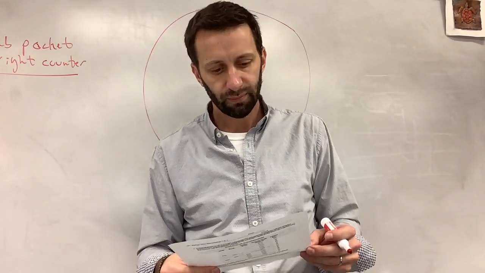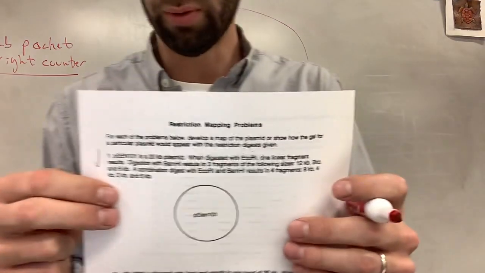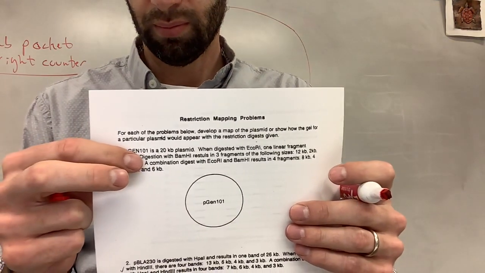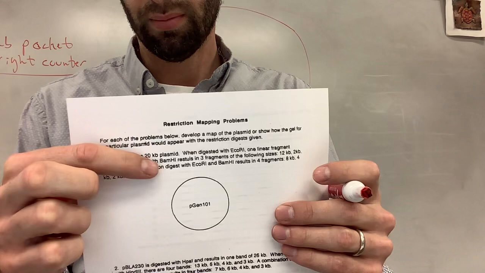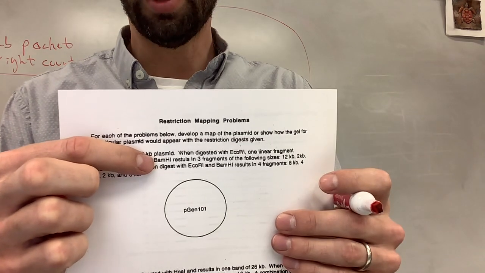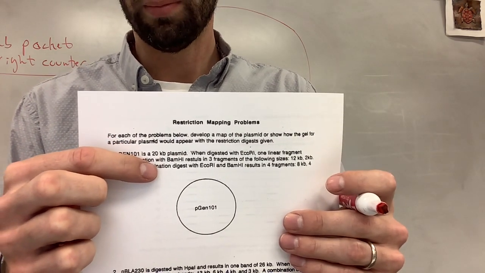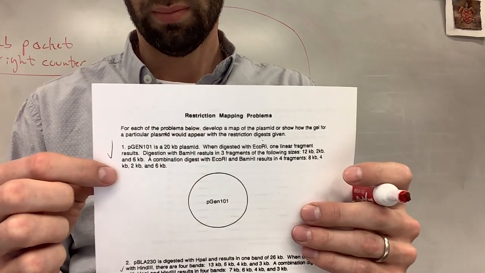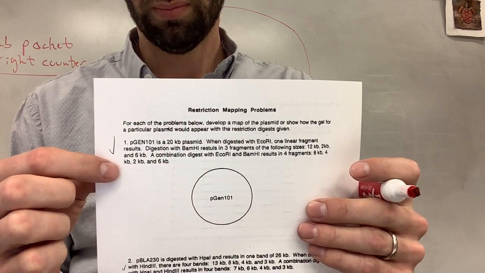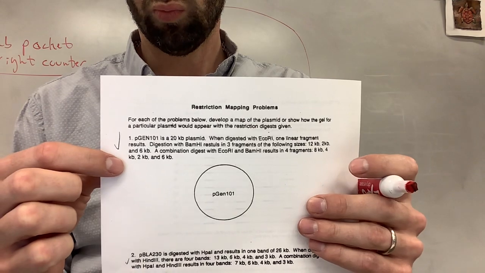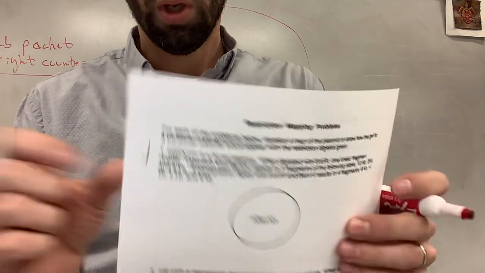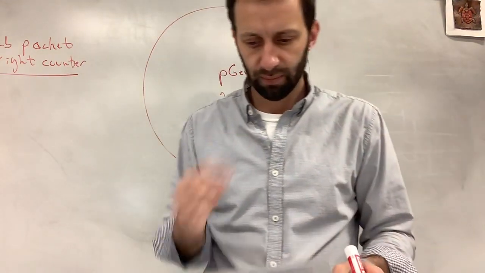Okay. Read the next part for us. Walker, keep going. You're good. Digestion with BamHI. All right, what's BamHI? It's another restriction enzyme. Dang, y'all are good. Keep going. Results in 3 fragments of the following sizes: 12 kilobase pairs, 2 kilobase pairs, and 6 kilobase pairs. So how many times did it cut it? 3.